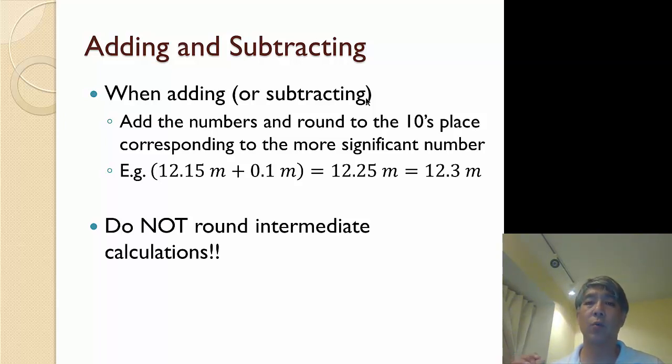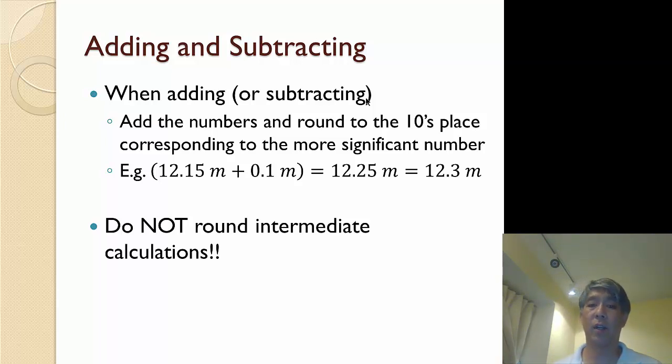What I'm looking for is which number ends with the highest tens place. In this case, 0.15 ends in the hundredths place. 0.1 ends in the tenths place. So I want to round to the tenths place, okay, the 0.1. So when I add it together, 12.25, I need to round that up to 12.3 meters.